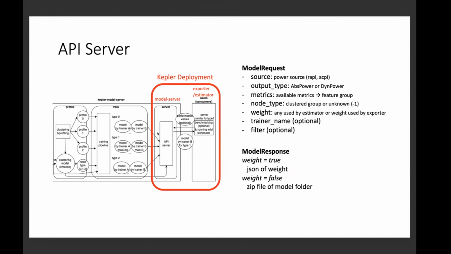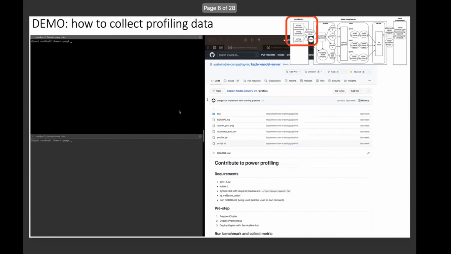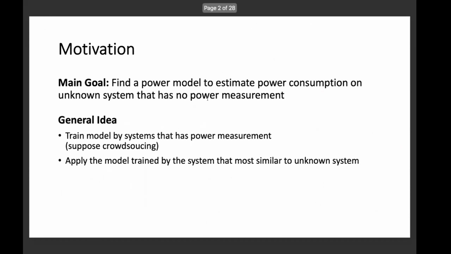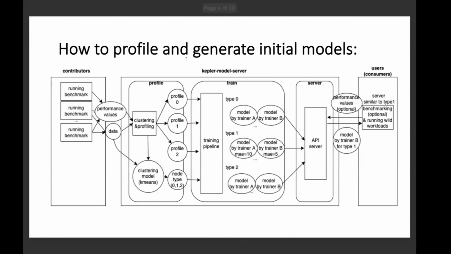Is it only this part? And this is their domain. Oh, okay. Yeah, more clear now. And this is the first step, where I expect that we generate the initial model that we can provide at the API server.